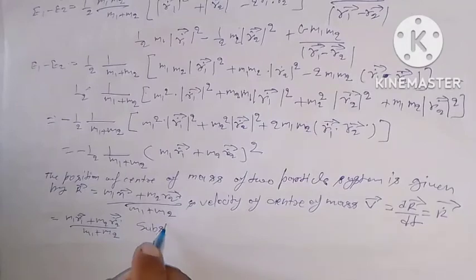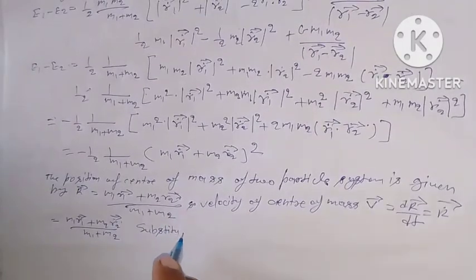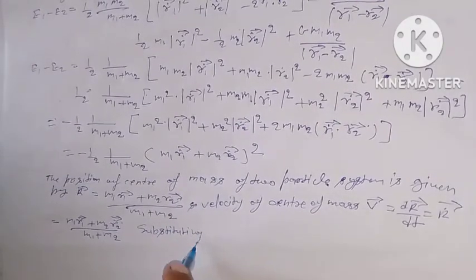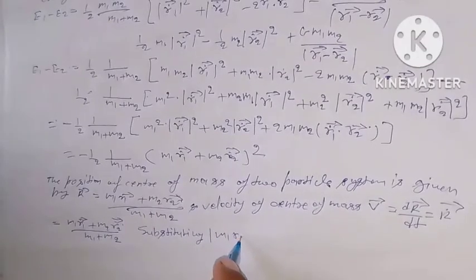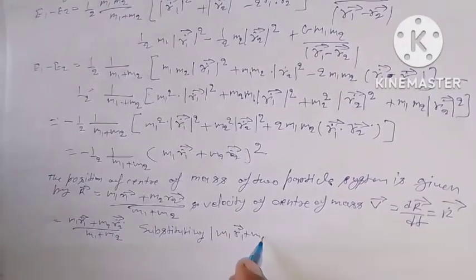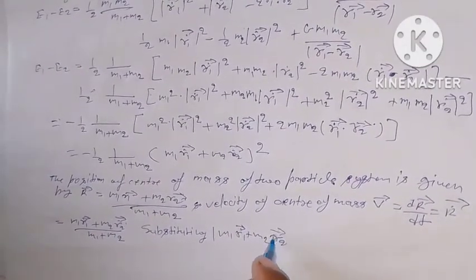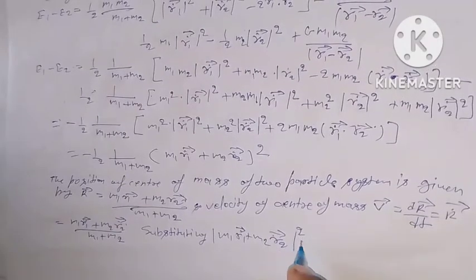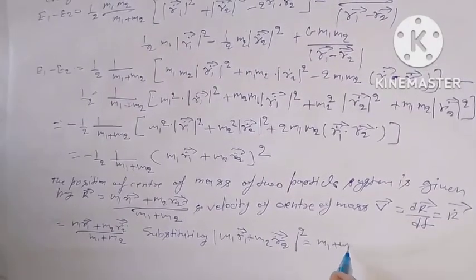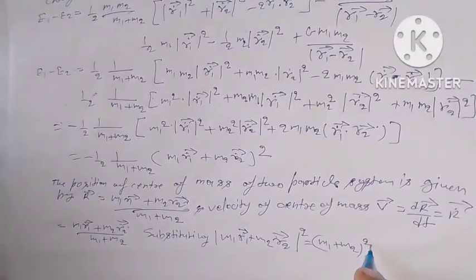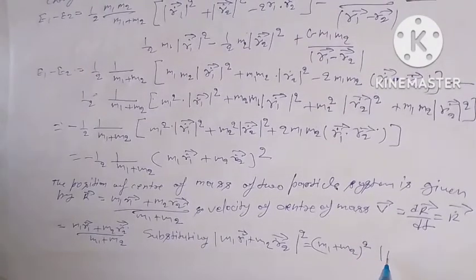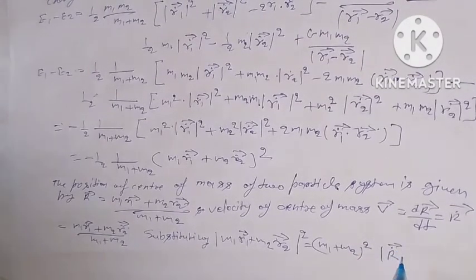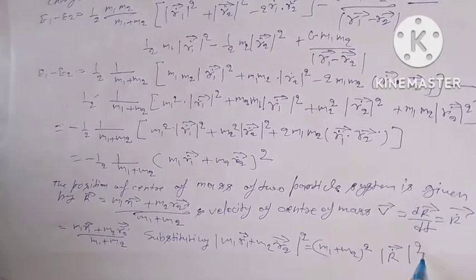Substituting, m1 r1 vector plus m2 r2 vector whole square equal to m1 plus m2 whole square in mod of derivative of R vector whole square.